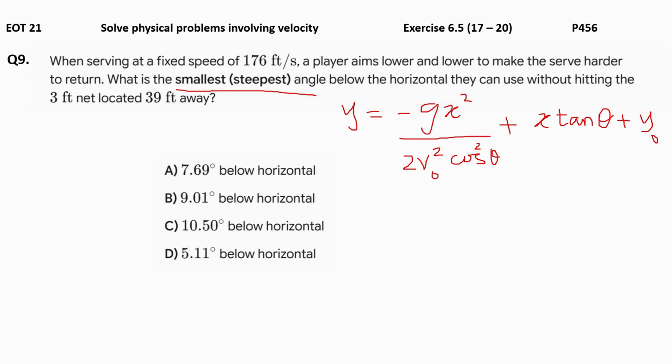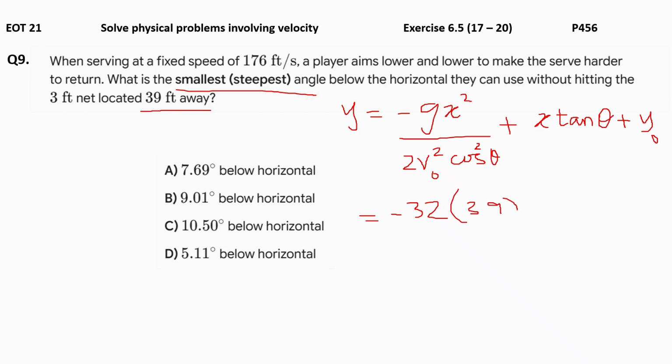If you look at the values, since we are handling the feet, your g is nothing but 32. So negative 32. X value, it is 39 feet away. So your x value is 39.